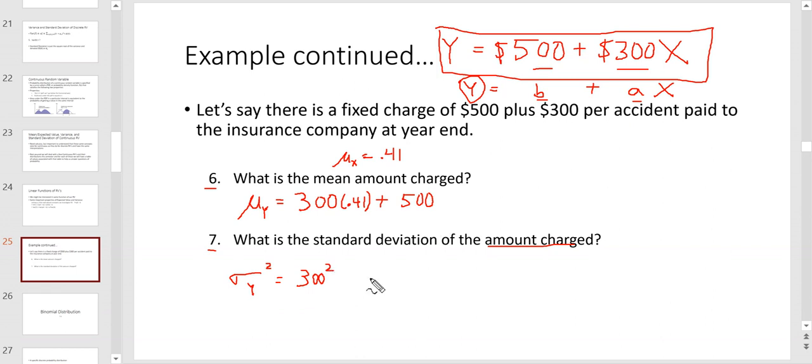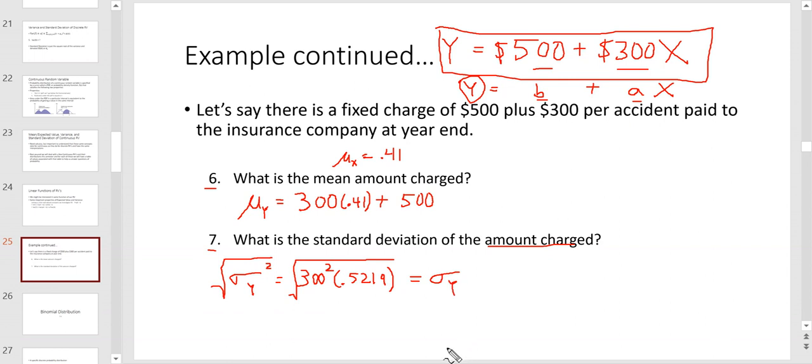The variance of x, if you recall, was 0.5219. And that is how you get the variance. If you want the standard deviation, take the square root. That will be whatever it is. I'll leave the math up to you.